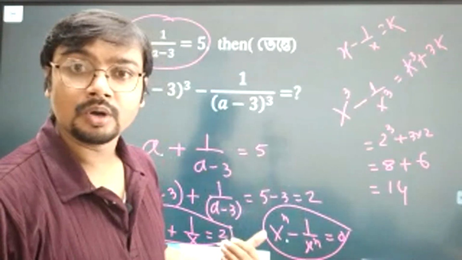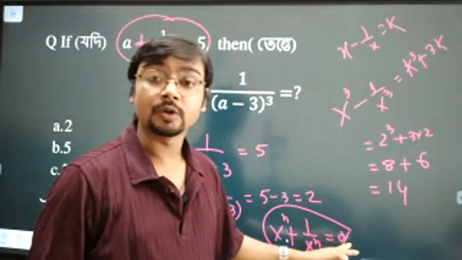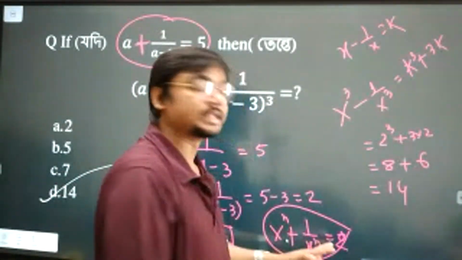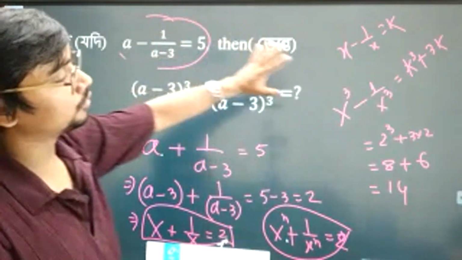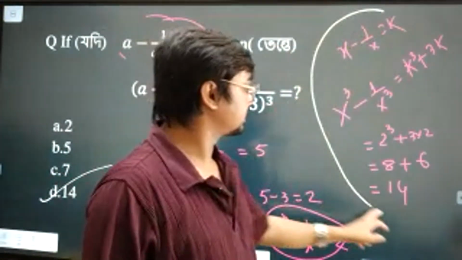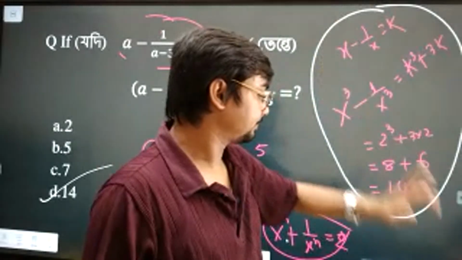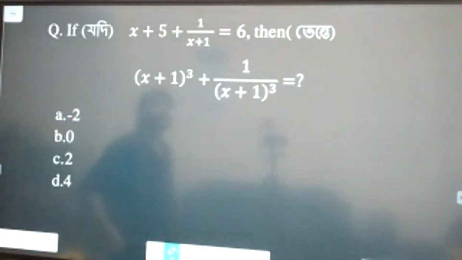So then we can use this formula. But here they provide minus, so we need to go to the general formula directly. Is it okay? So just try to practice this one. Don't get confused here.